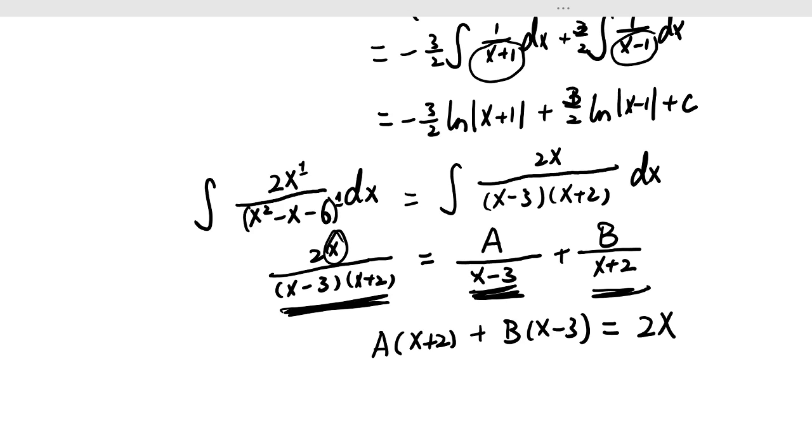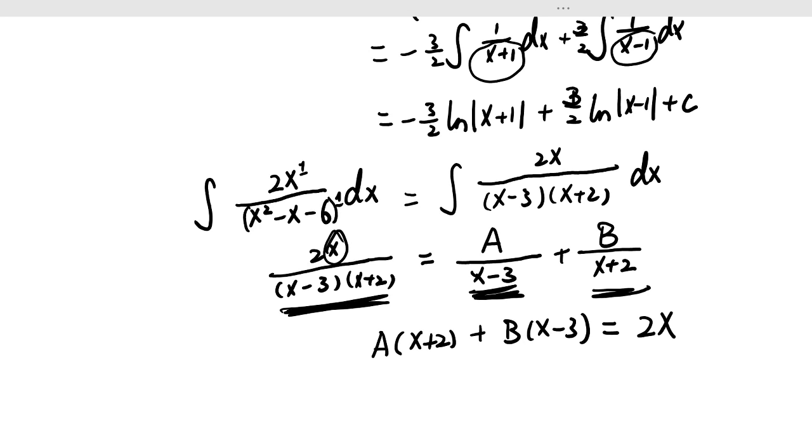Since I see there are some different answers, we're going to do it right now. Let's say the first number we're going to put in will be x equals -2, to make the first term 0.